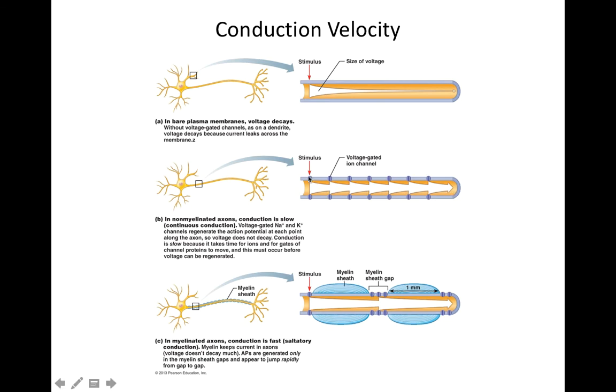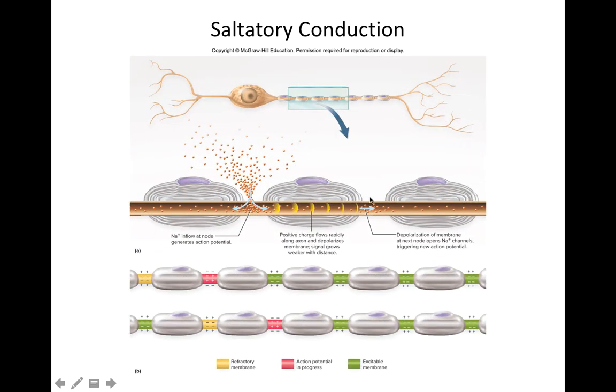Here, we basically have to depolarize the entire axon. It's going to take us a while. That's like heel toeing all the way across the room. Here, because my voltage gated channels are only found in the nodes, we're going to be able to jump past huge parts of this. This jumping is called saltatory conduction. You can see that the action potential appears to jump from node to node as you're watching, because we just ignore all of this part.